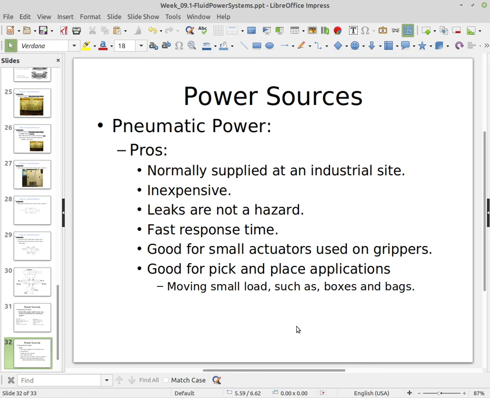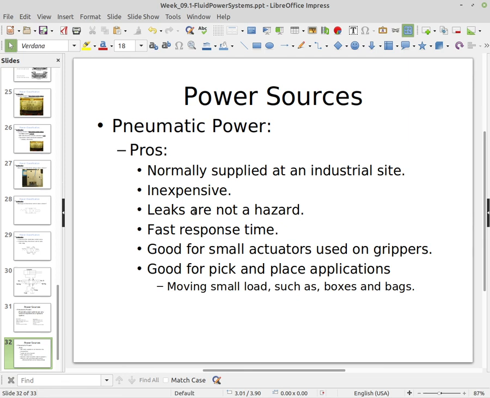Okay. Good things about pneumatic power. Pretty much any industrial site is going to have pressurized air available, so it's there. So if you wanted to add a new device, it's very inexpensive to add that other device.